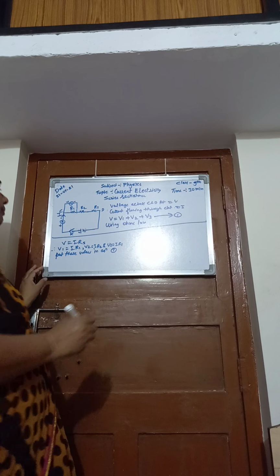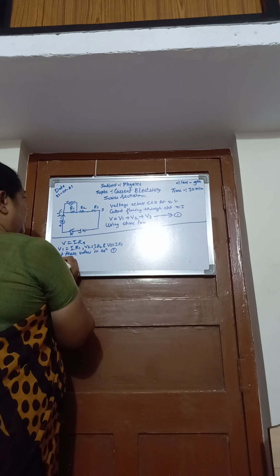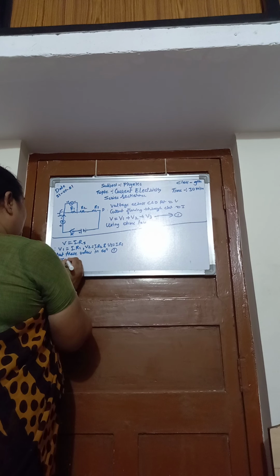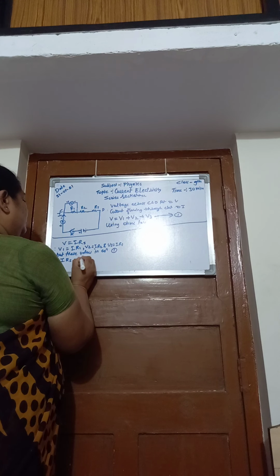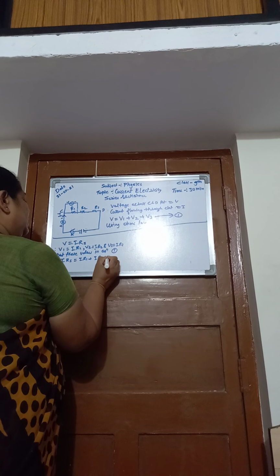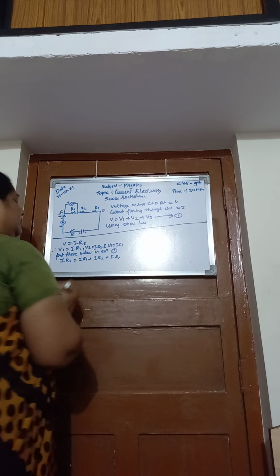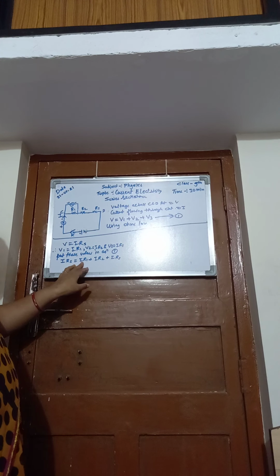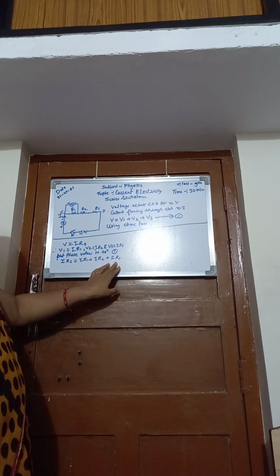What do we get? V equal to IRS, so IRS equal to IR1 plus IR2 plus IR3.